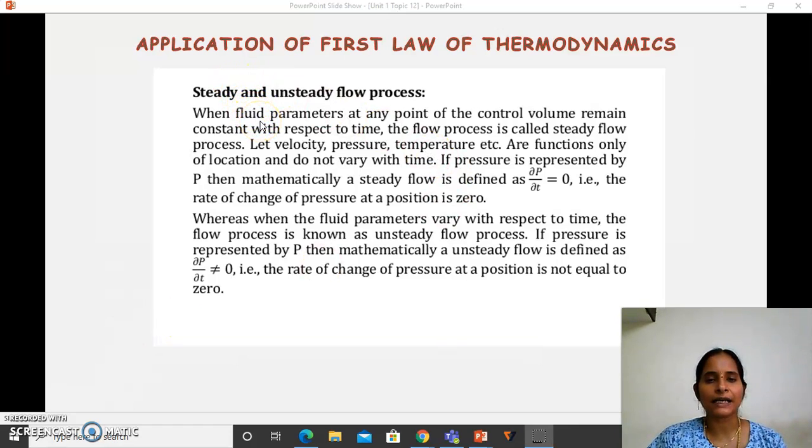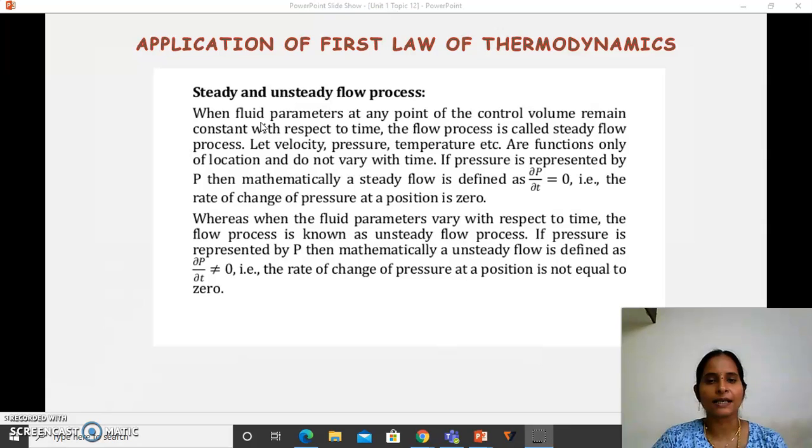Now, what is a steady flow process? When the fluid is moving inside the system from one end to another, from entry to exit, the fluid parameters, meaning in the macroscopic approach volume, temperature, density, specific volume and other state-identifying properties, at any point of the control volume remain constant with respect to time.